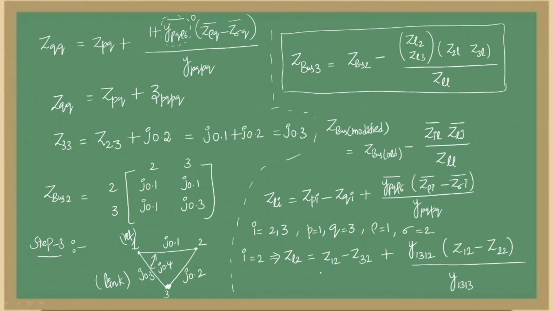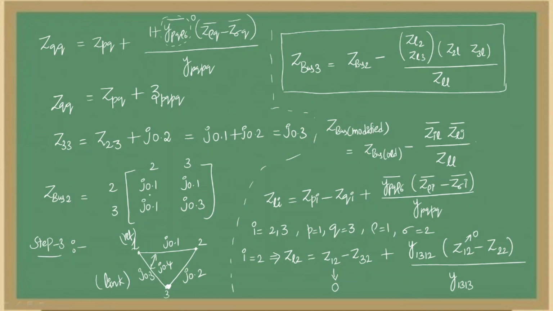Now, what is this value? This value is 0 because P is a reference bus, 1 is a reference bus, so this is 0, and here also Z12 value is also 0. Okay, and you are left with the remaining terms. We know already what is minus Z32. What is Z32?